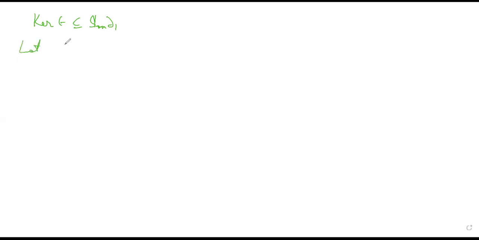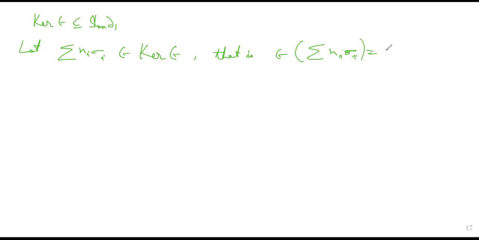Let summation ni sigma i be in the kernel of epsilon, that is, epsilon applied over summation ni sigma i equal to 0.